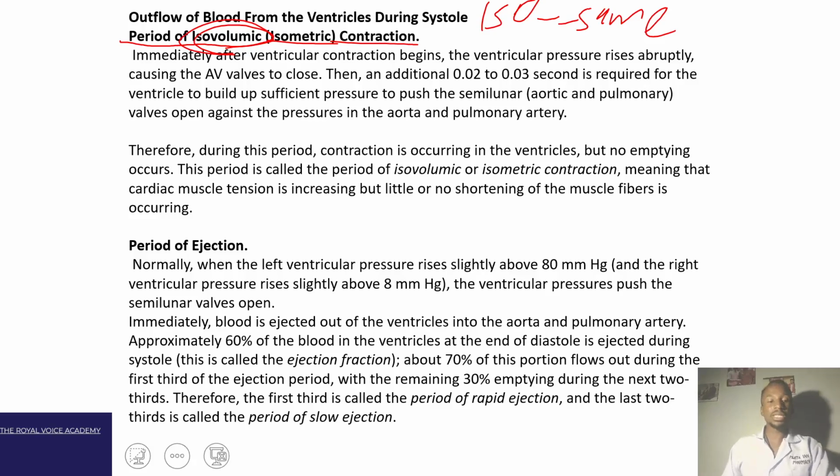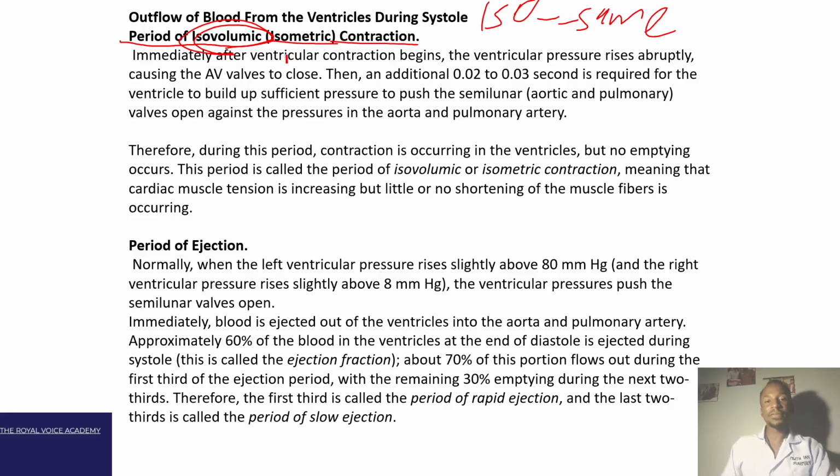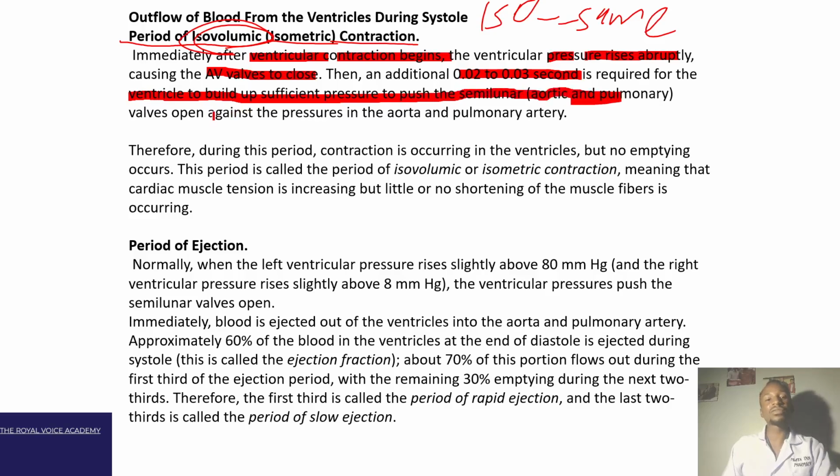So let us now study this slide here. Immediately after ventricular contraction begins, the ventricular pressure rises abruptly, causing the AV valves to close. Then an additional 0.02 to 0.03 second is required for the ventricle to build up sufficient pressure to push open the semilunar valves, that is the aortic and pulmonary valves, against the pressures in the aorta and the pulmonary artery.